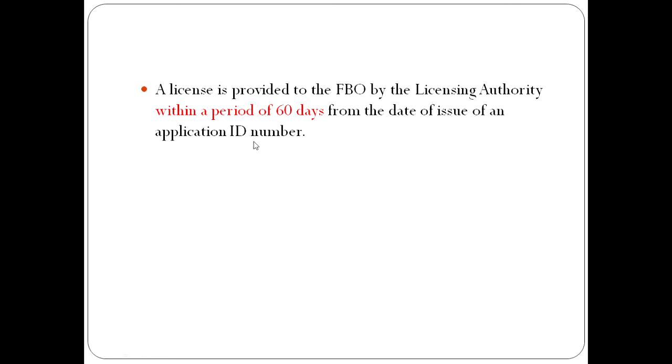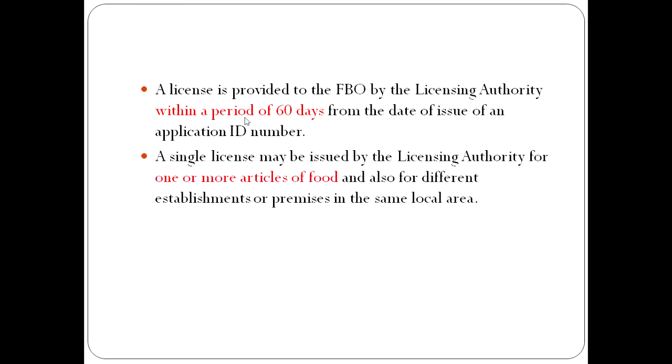Within the period of 60 days after giving the ID number, the licensing authority should give the license to the food business operator. Please note the time period, that is within a period of 60 days.